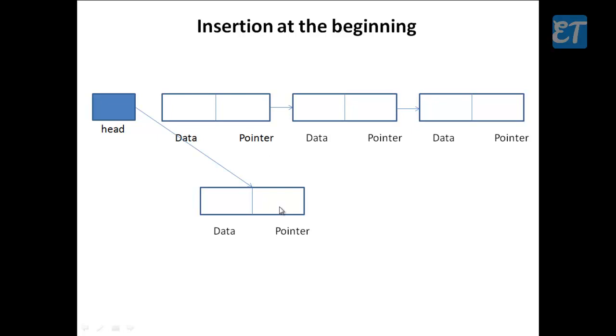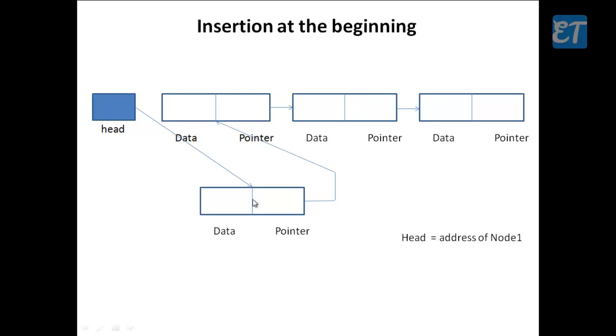So we need to assign the address of node 1 to the pointer part of this new node. If we do this, we achieve our requirement. Head now points to this new node, which then points to the previous first node, node 1, and then it goes on. So how can we implement this in our code?